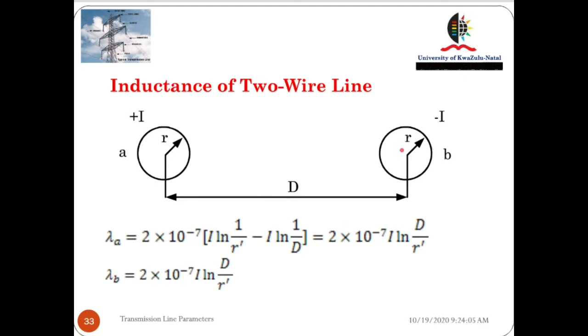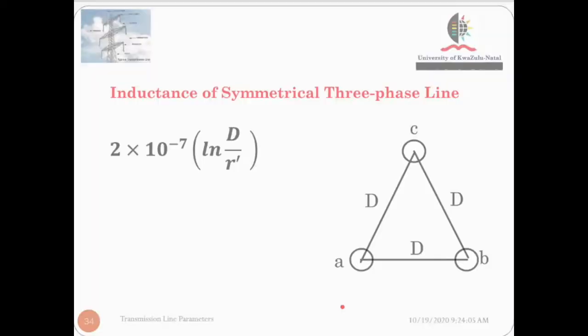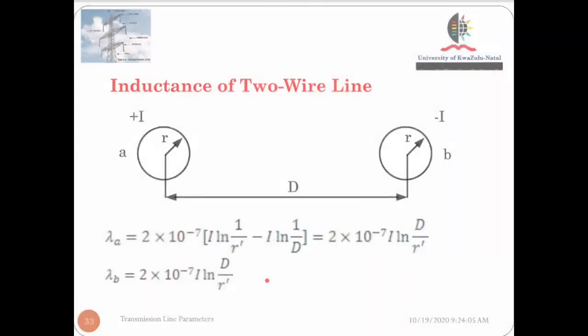And for the second conductor, lambda B, it's the same thing. It will be 2 times 10 to the power minus 7 times the current it is carrying, which is I, and then log D by R prime. D is the distance of this conductor with respect to the other conductor A, and R prime is its own self distance.